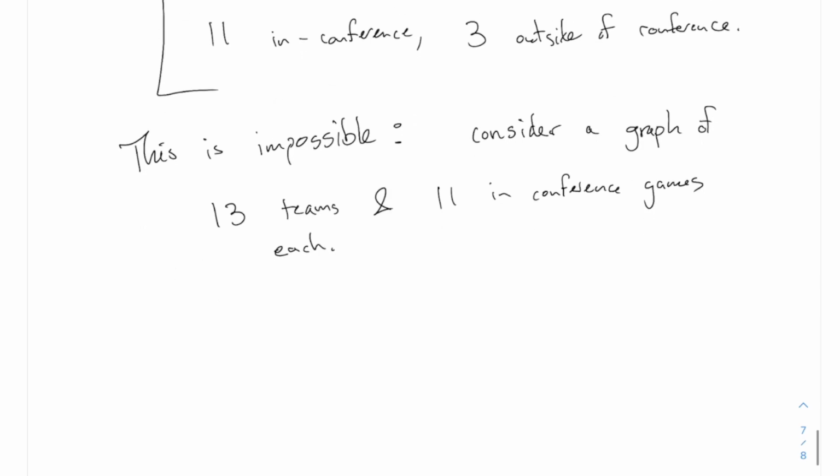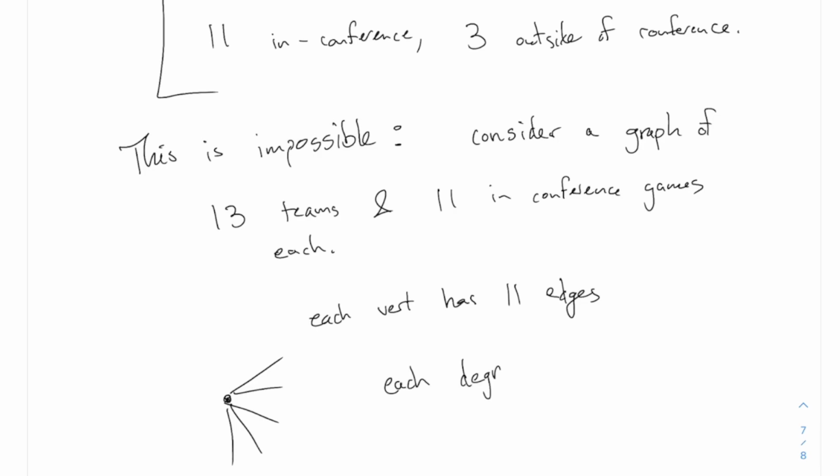And what would that look like? It looks like each vertex has 11 edges, right? Connecting each vertex to all of the games that it's playing, all the other teams that it's playing. Each vertex has 11 edges, so each degree is 11, right?